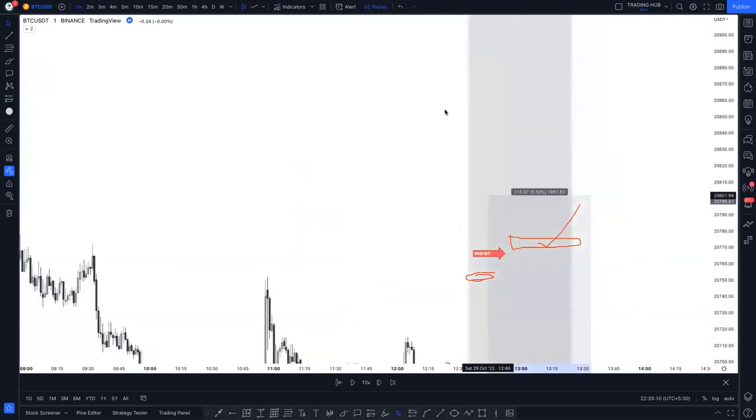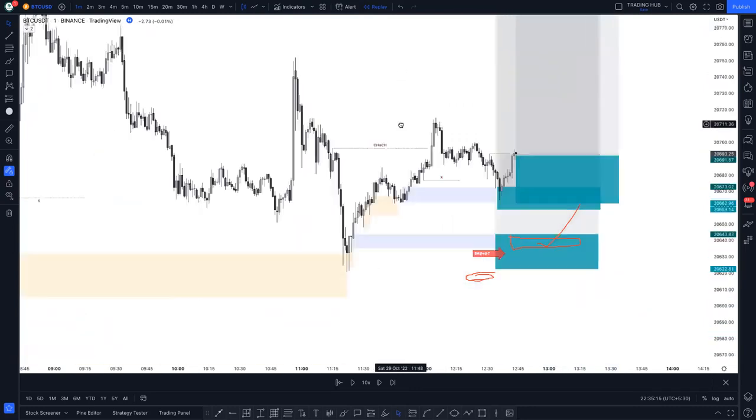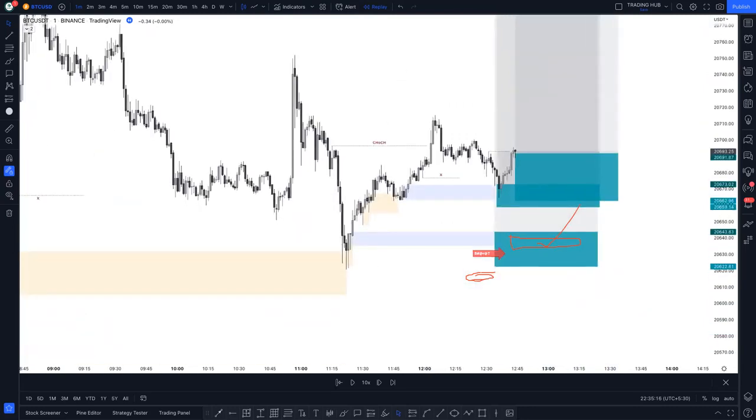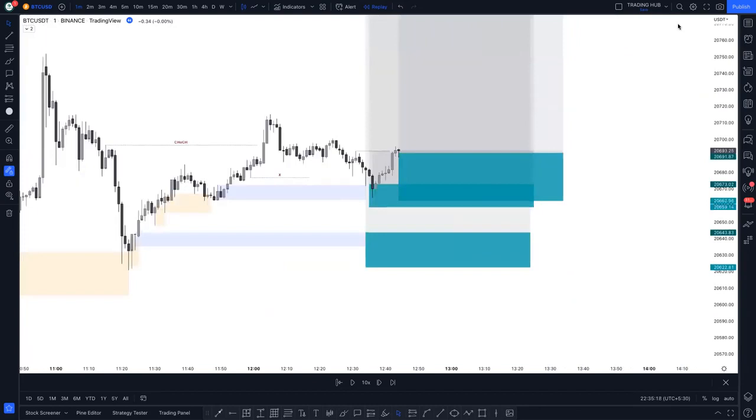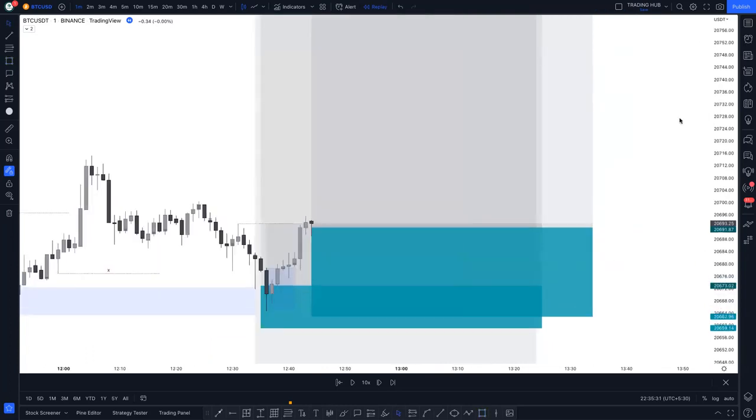Why? I want to explain here. Let me show you exactly. If you can see, this is the last bearish candle here, which is already mitigated. Correct. And then after that, how many candles are created here? Let me zoom in on this one.